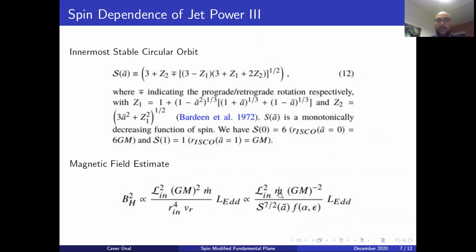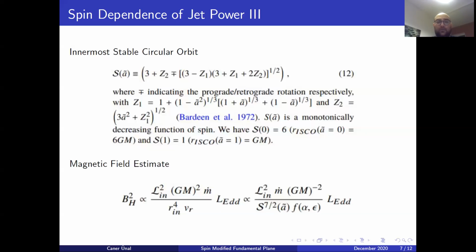As you see here, B squared is proportional to m dot as usual, but we have this specific angular momentum squared, which again depends on the spin value. S is the dimensionless R-ISCO, R-ISCO divided by GM, and it's also proportional to L Eddington.